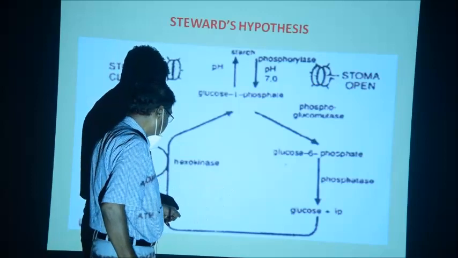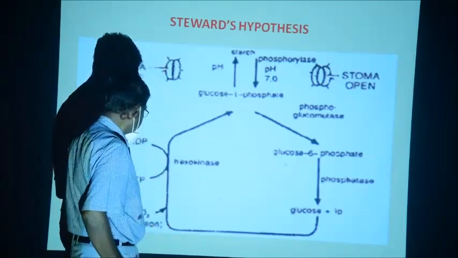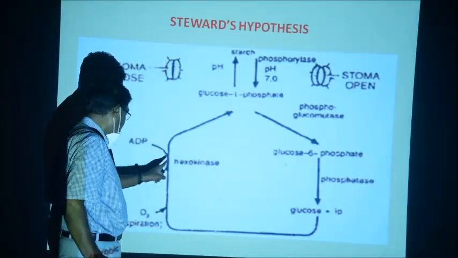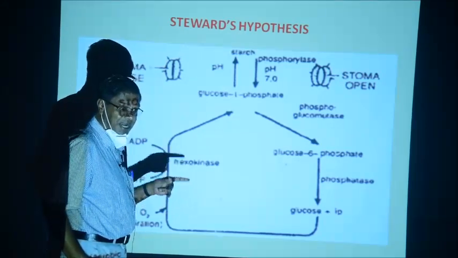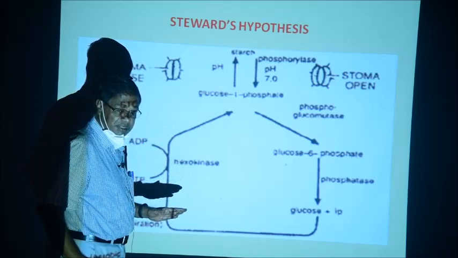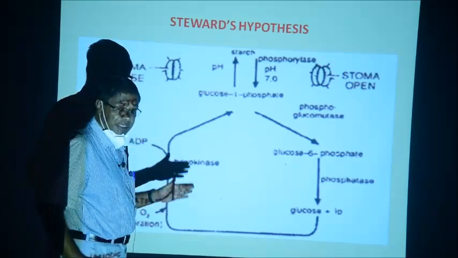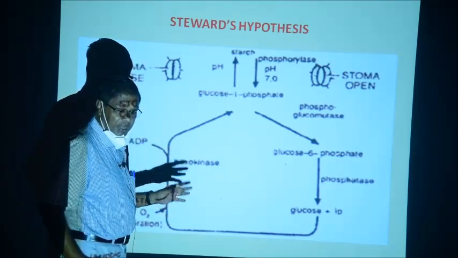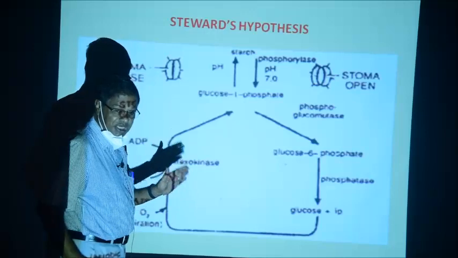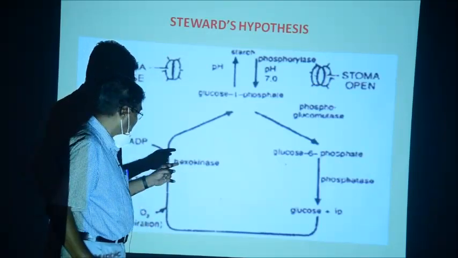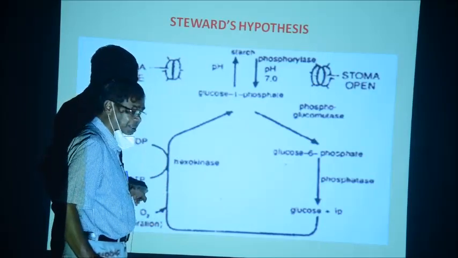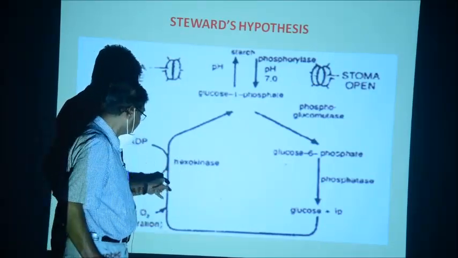Then, once glucose is formed, an enzyme called hexokinase acts. Hexo means 6, kinase means, you remember this, whenever there is involvement of ATP to add a phosphate, the enzyme is kinase.